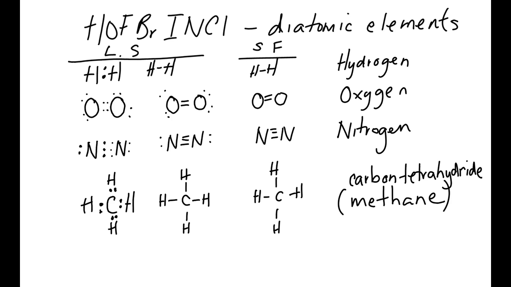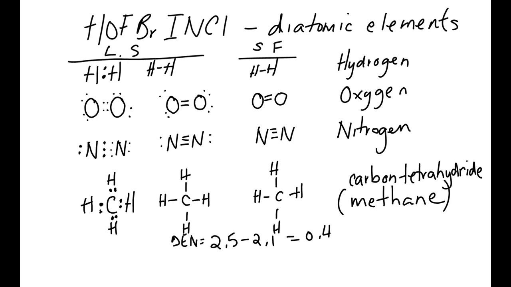(2.1). So you always take the small number from the highest number. So 2.5 minus 2.1 equals 0.4. So basically, I'll be giving you formulas and I'll say, okay, what's the difference in electronegativity?